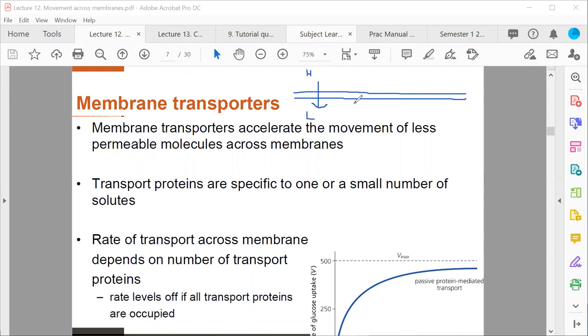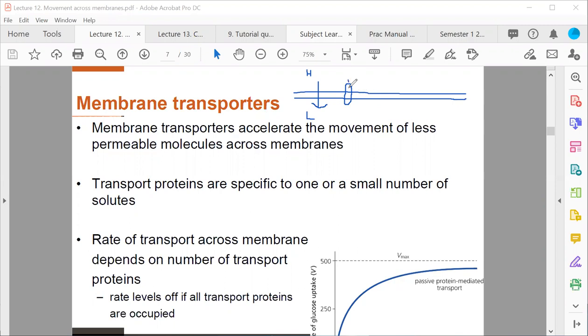But often this type of diffusion is too slow to satisfy the requirements of the cell. So another type of transport that we'll be looking at here is often referred to as facilitated diffusion. And it's facilitated by these proteins that are embedded in the membrane, transport proteins, otherwise known as transmembrane proteins.